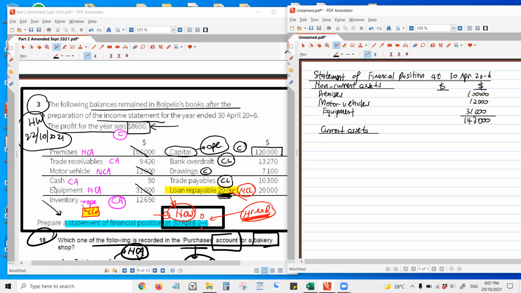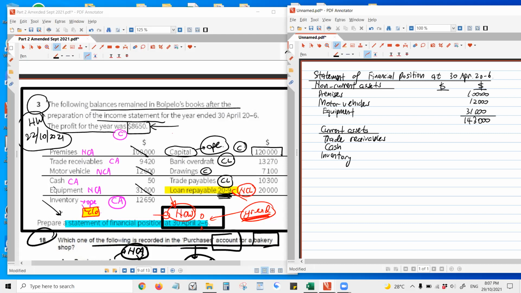Pick up all the current assets. I see trade receivables, cash, inventory. What else? I don't think there's any more CA. No more current assets.